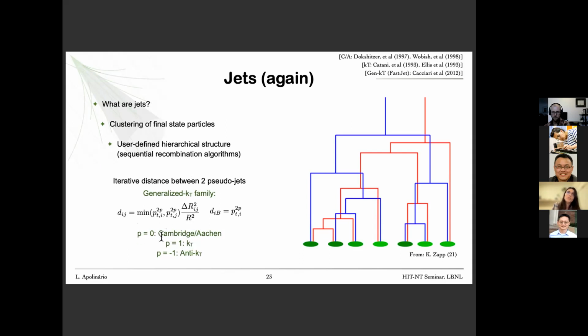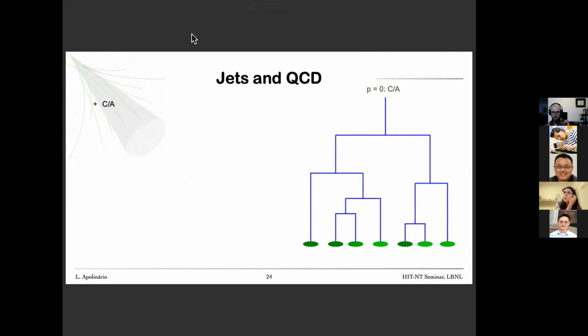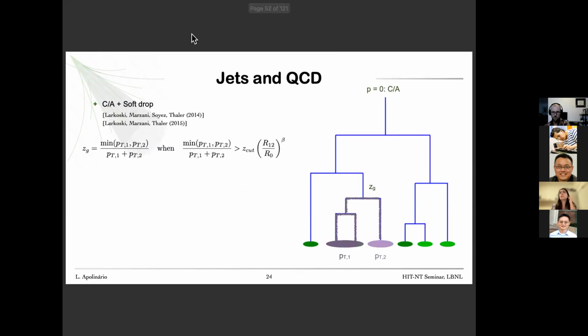These two are very curious because they more closely resemble the basics of QCD angular structure. In particular, Cambridge-Aachen is very useful, because we can recluster jets with it, and of course we need to apply soft drop because Cambridge-Aachen is a completely geometric clustering algorithm. This means that whatever we do, the last clustering will always be at the edge of the jet, which might not be related to the hard fragmentation of the incoming particle that initiated the jet.